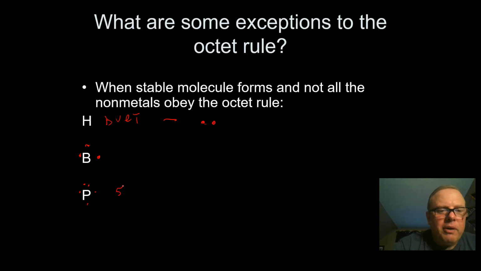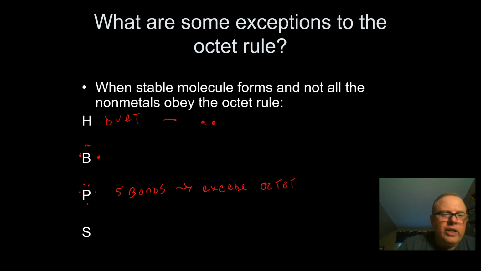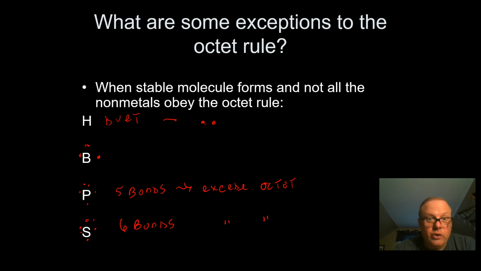Phosphorus can make 5 bonds, and that is going to exceed the octet. So it can go past the octet, and so can sulfur. Sulfur is capable of making an almost crazy 6 bonds. So these two elements specifically can exceed the octet like that. We will look at these in specific in one entire lesson, not today, but this week.